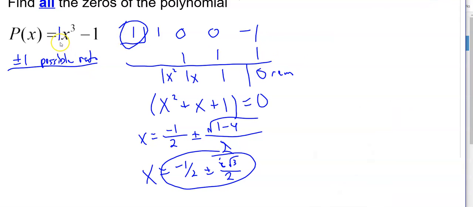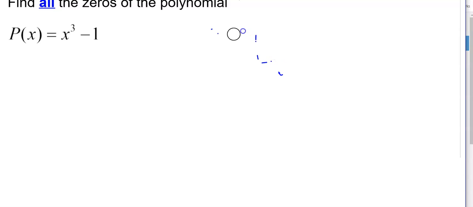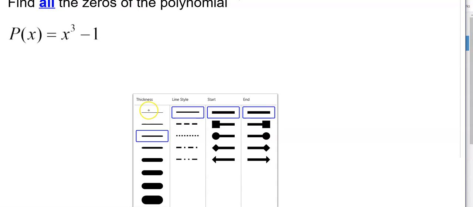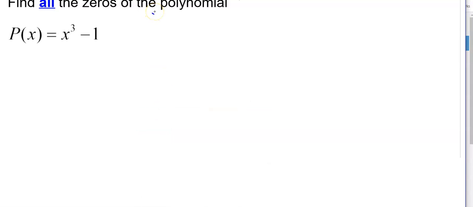As a side note, this just might be interesting to you. If you had tried to solve this another way, I really want you to solve it the other way when doing these kinds of problems. But let's just say, I'm not sure if we've talked about this before, but if you just set x cubed minus 1 equal to 0 and solved it, you'd get x cubed equals 1.